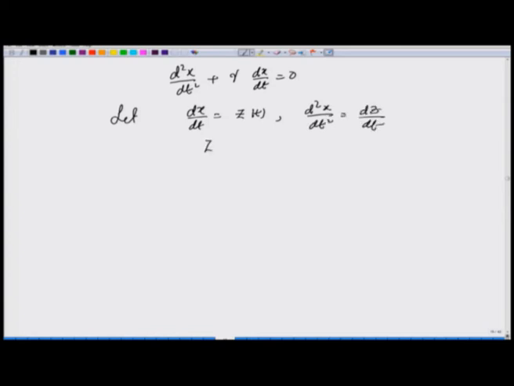So, the equation I have is dz by dt plus gamma z equals 0, and its solution is z equals some constant c times e raised to minus gamma t. So, dx by dt is equal to c e raised to minus gamma t, and therefore, x of t is going to be some other constant c1 times e raised to minus gamma t.